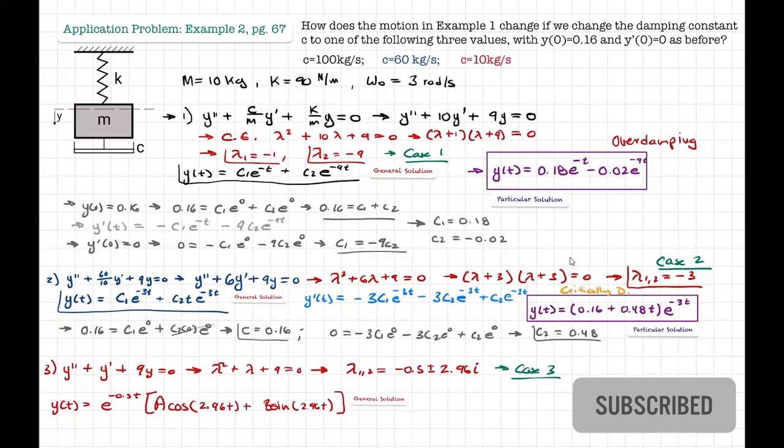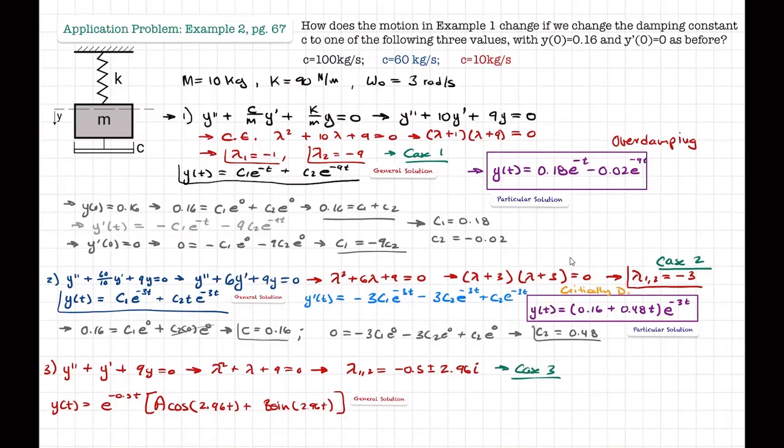One thing you will notice here is that this 2.96 is close to our natural frequency, but it's not exactly the natural frequency. So in the modeling, whenever we don't have damping, it will oscillate at the natural frequency, but because we have damping here, in this case it's underdamped. You can see the frequency will be slightly less than the system's natural frequency. And that's where we get the underdamping.